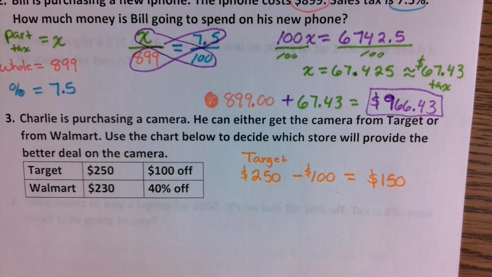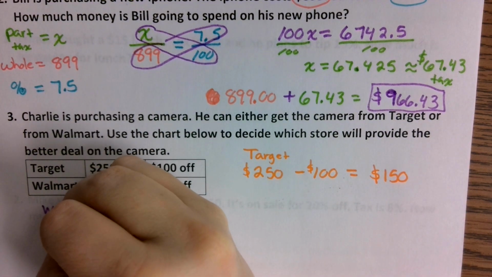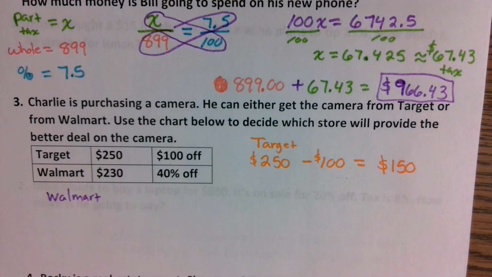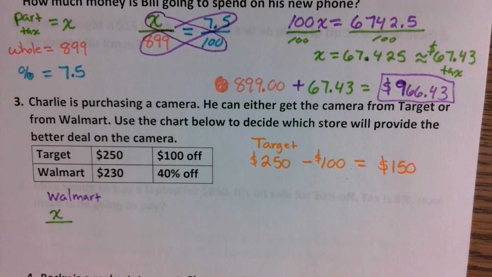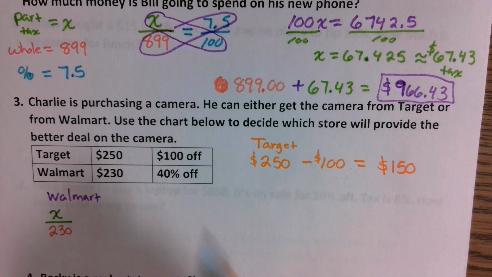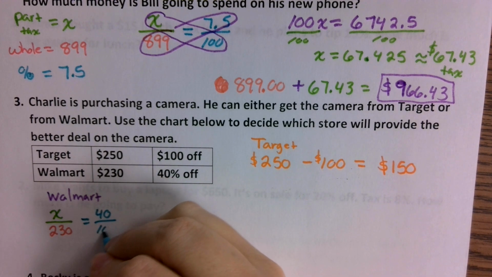Walmart, we have to set it up different. We first have to figure out how much money they're taking off. So we're going to set this up as X over their whole, which is $230, equals 40% out of 100.